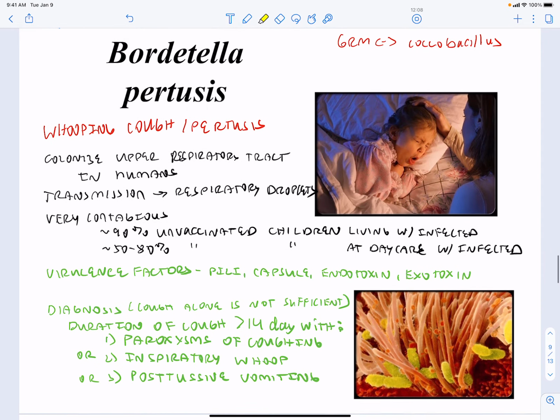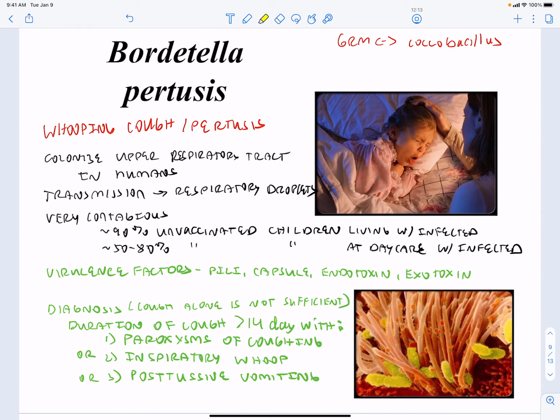Now next up is our Bordetella pertussis, which is a gram-negative coccobacillus again. This guy again is going to have an endotoxin because of gram-negative. It is the causative agent of whooping cough, pertussis. So this Bordetella pertussis is going to colonize the upper respiratory tract in humans, and transmission is via respiratory droplets.